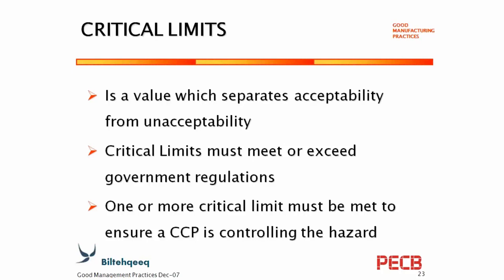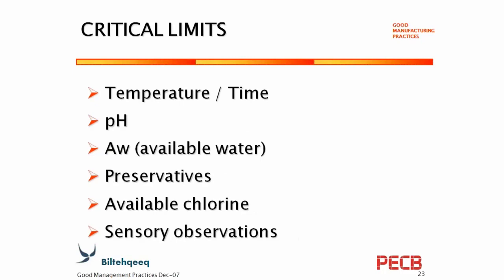And these values can come from the government regulations or industrial norms, or your own defined procedures. So you have to monitor your process, and if something is going beyond the critical value, you have to point this out, and you have to take the corrective and preventive action. These values can be in the form of temperature and in a specific time.